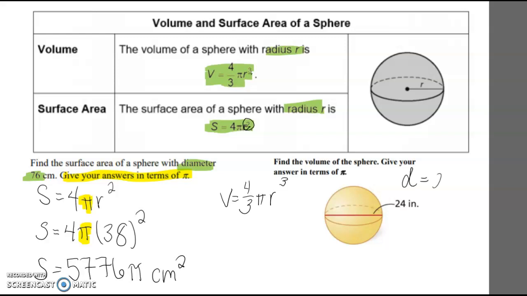If the diameter is 24, we take that and divide it by 2 to get the radius of 12. So volume is 4/3 pi times 12 cubed. We want it in terms of pi, so we're going to ignore the pi for now. And we're going to multiply 4/3 times 12 cubed.